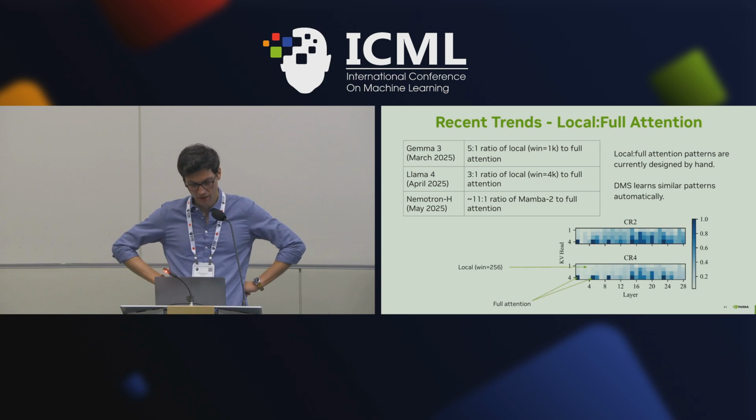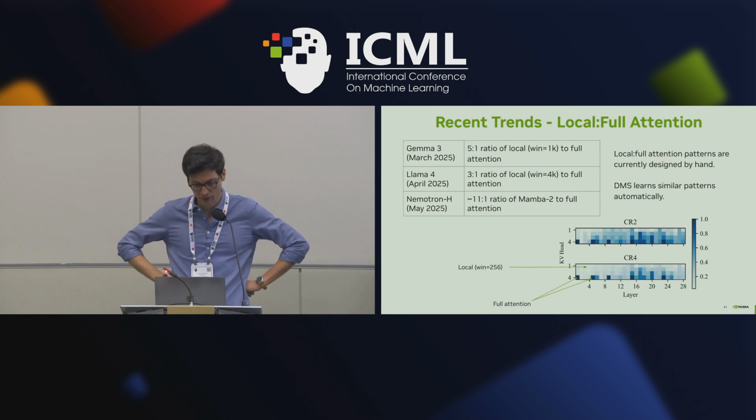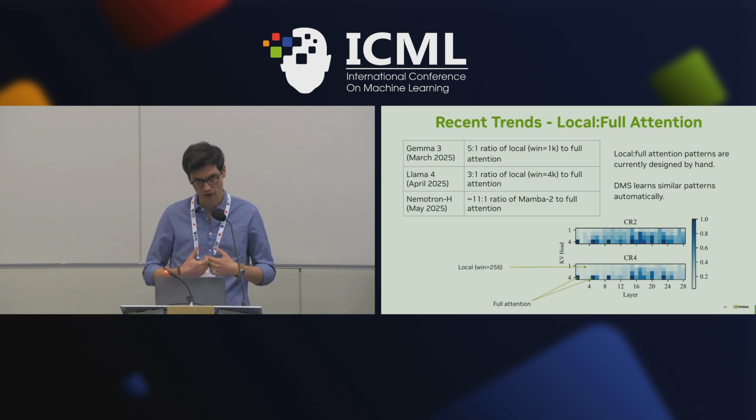Also, in the table, I put a couple of very recent models which try to combine local and global attention, like I said before, in different ratios. So people try to handcraft the perfect recipe of how many layers of local you should interleave with how many layers of global attention.